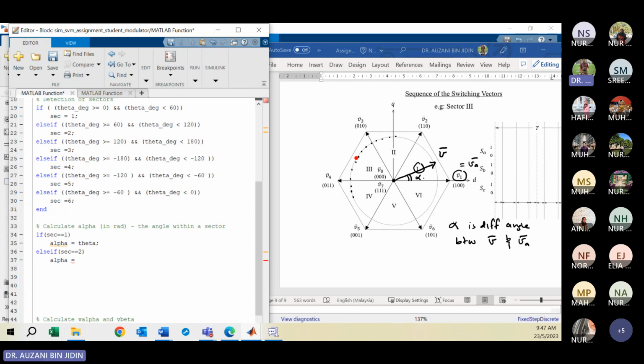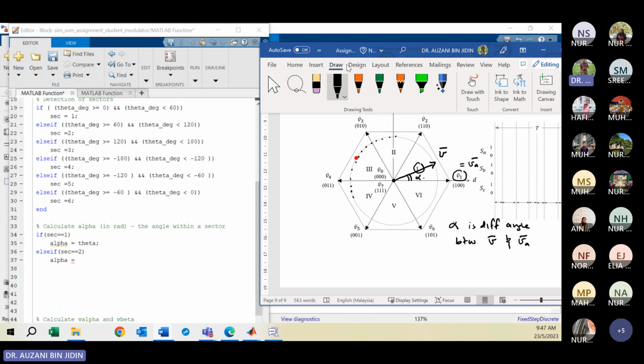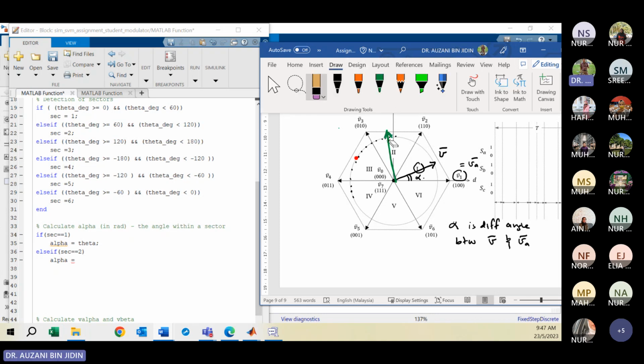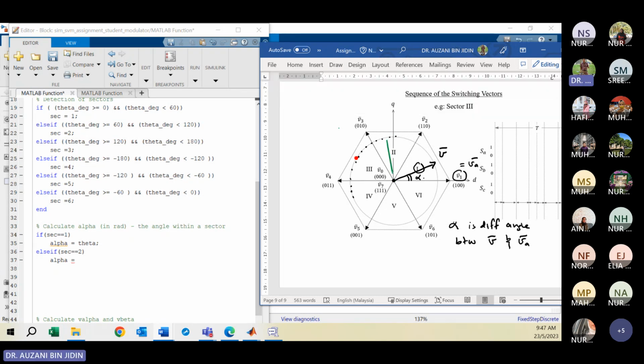In this case I draw in green color. For sector number 2, your alpha may be located here. This is your reference now for sector number 2. So where is the alpha?